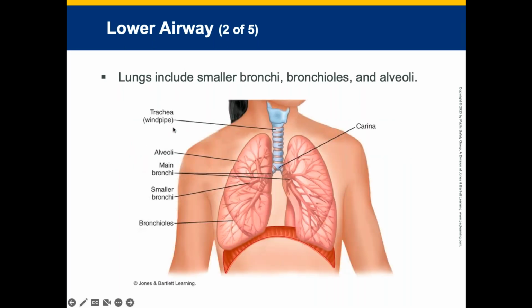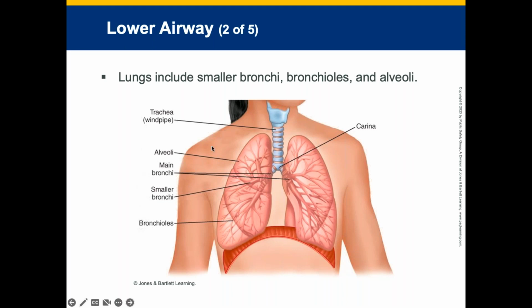All right. So the lungs include the smaller bronchi, bronchioles, and the alveoli. As it branches down, we have the trachea coming down, and at the carina, we have the bronchi, the right and left main stem. That branches off into the bronchioles, as you can see in all the tree-like features here, which then go into little alveolar sacs throughout the entire lung, okay?